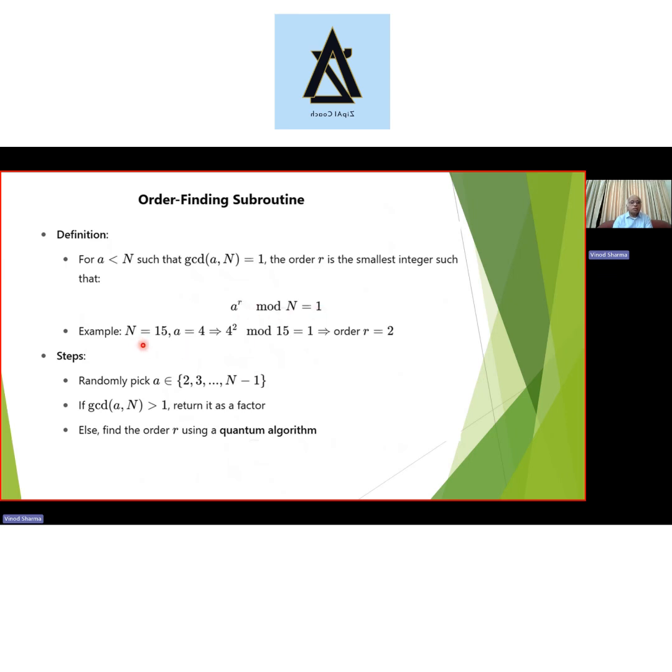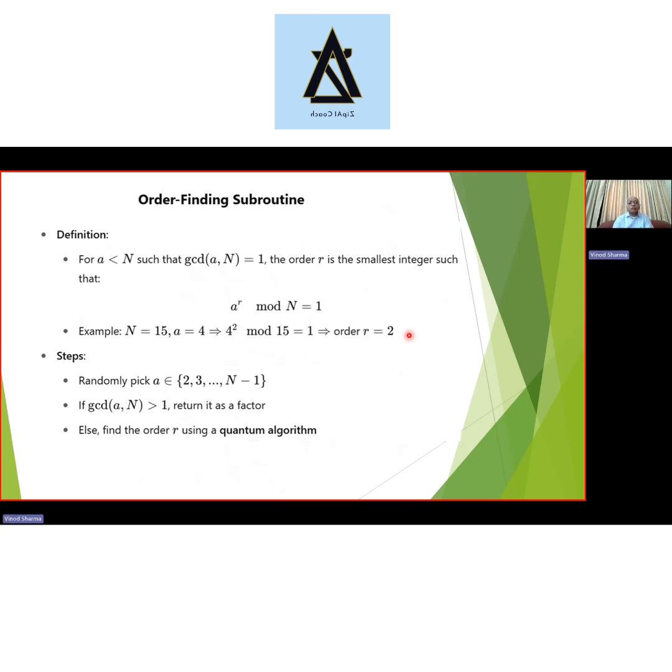Again, we take the example of n equal to 15. Suppose a is 4, then a is less than n, and GCD of a and n is 1. You take 4 mod 15, that is 4, so it doesn't satisfy this. You take 4 squared mod 15, that is equal to 1. Therefore, order r of a with respect to n is equal to 2.